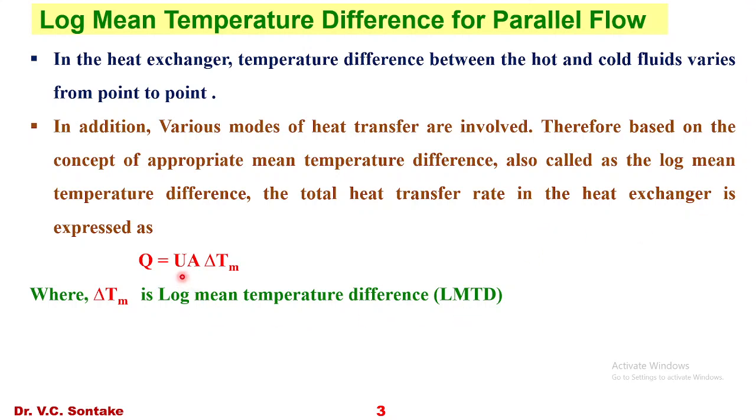In the above expression, U is the overall heat transfer coefficient and A is the total surface area of the heat exchanger available for heat transfer.